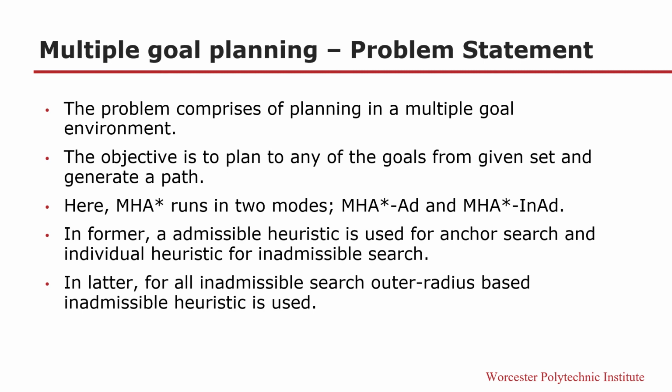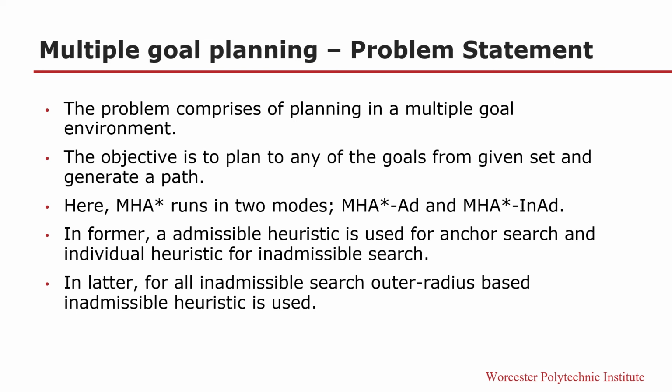In the former mode, admissible heuristic is used for anchor search, and for inadmissible searches, an individual heuristic is used for each inadmissible search. In the latter part, for all inadmissible searches, the outer radius based inadmissible heuristic is used.